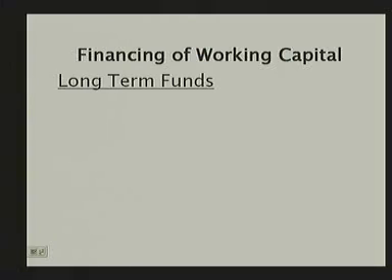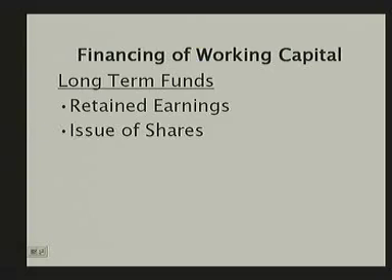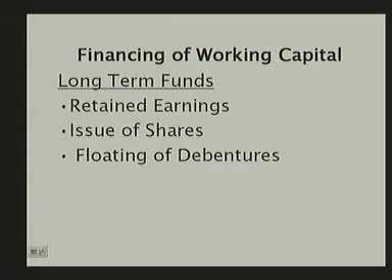Now, we will see long term sources of finance. In this I will just list them out. One important source is retained earnings, then there are issues of shares, then you have floating of debentures, then long term loans.